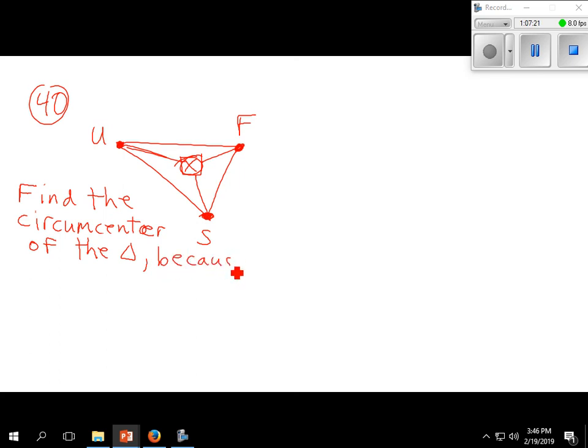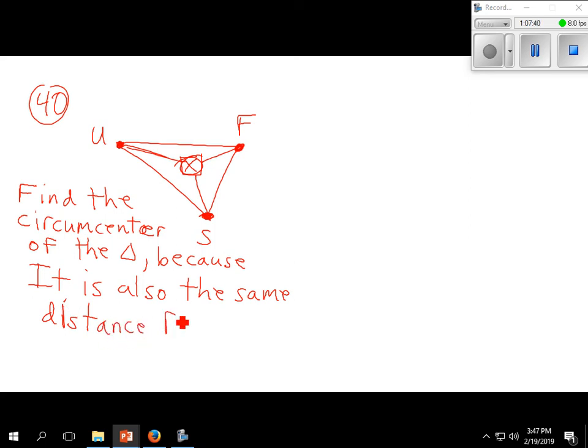because it is always the same distance from the three corners of the triangle.